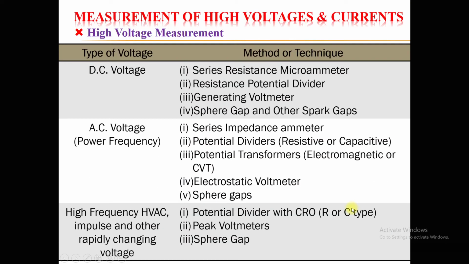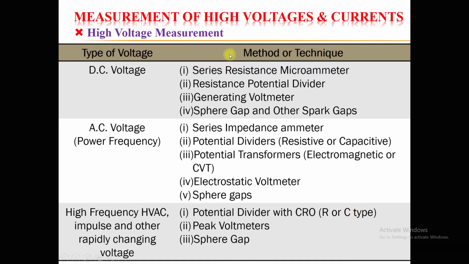As we know, there are various types of high voltages under whose influence we can test our insulation: DC voltage, AC voltages at power frequency, and AC voltages at high frequencies.